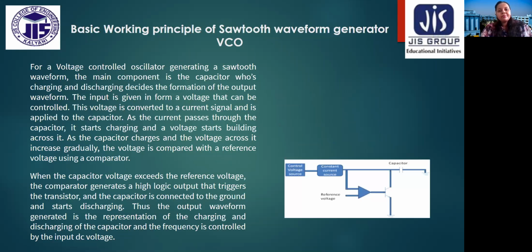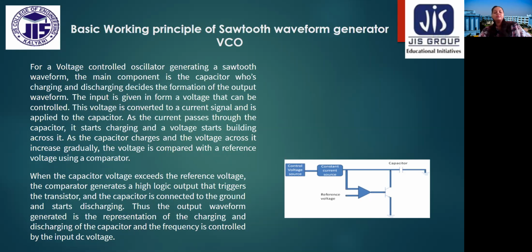The output frequency depends on the time of charging and discharging of the capacitor. Now, the basic principle of the sawtooth waveform generator VCO. This is the diagram of the sawtooth wave generator VCO. For a voltage controlled oscillator generating a sawtooth waveform, the main component is the capacitor, whose charging and discharging decides the formation of the output waveform.